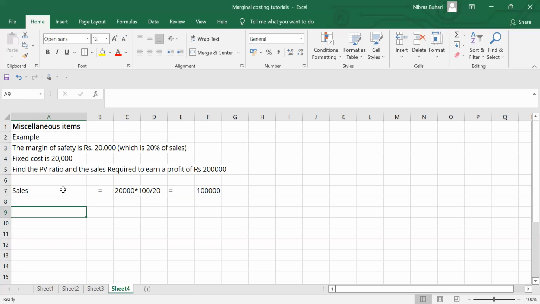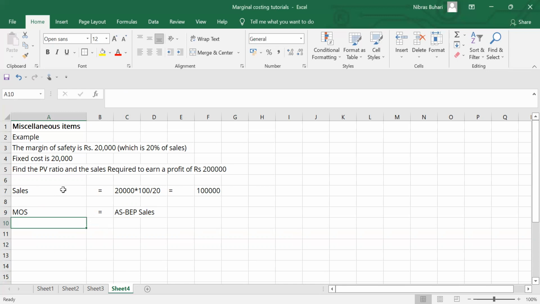Then find PV ratio. To find PV ratio, you first find BEP sales. I'm going to use margin of safety. Margin of safety is actual sales minus BEP sales. With this, I'm going to find BEP sales.